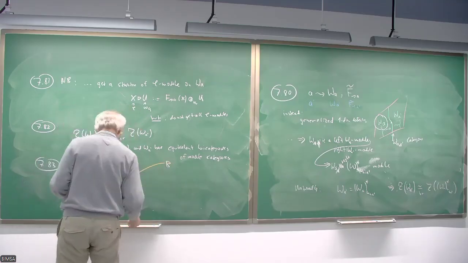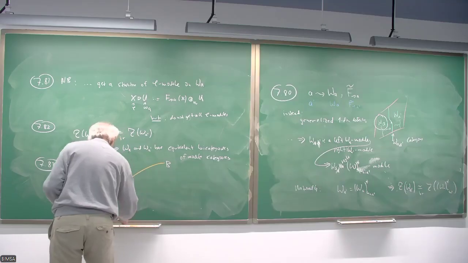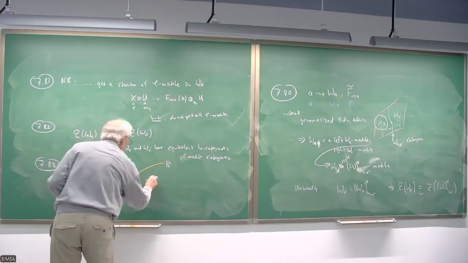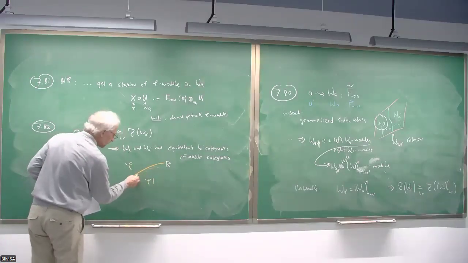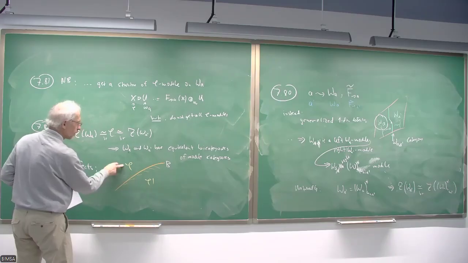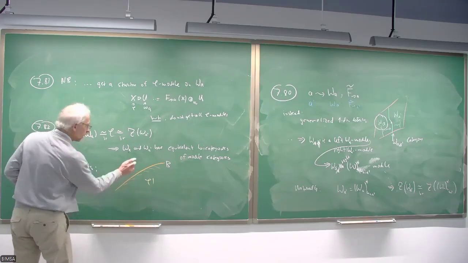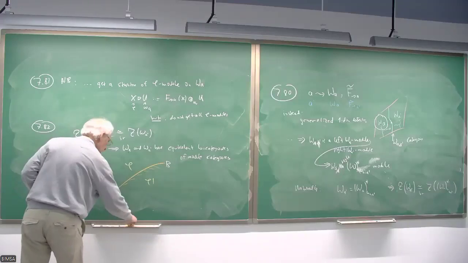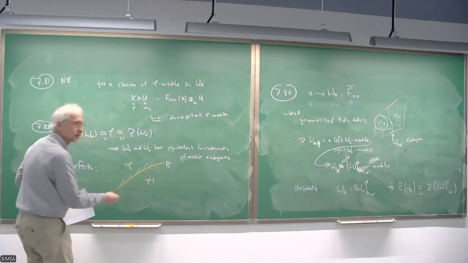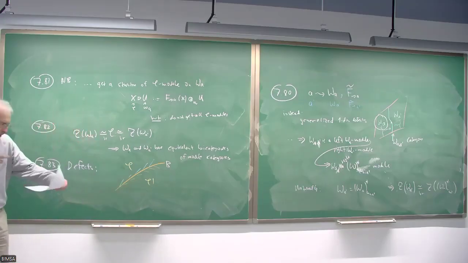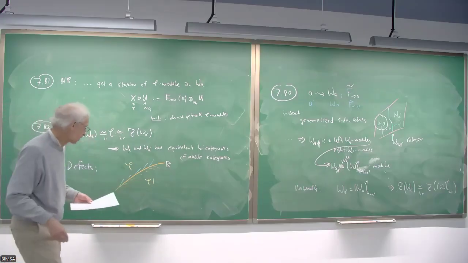We have now a defect B between regions labeled by C and C prime. But I can forget about this part and regard this as a boundary condition for C, or I forget about this part and regard it as a boundary condition for C prime, taking care about orientations.